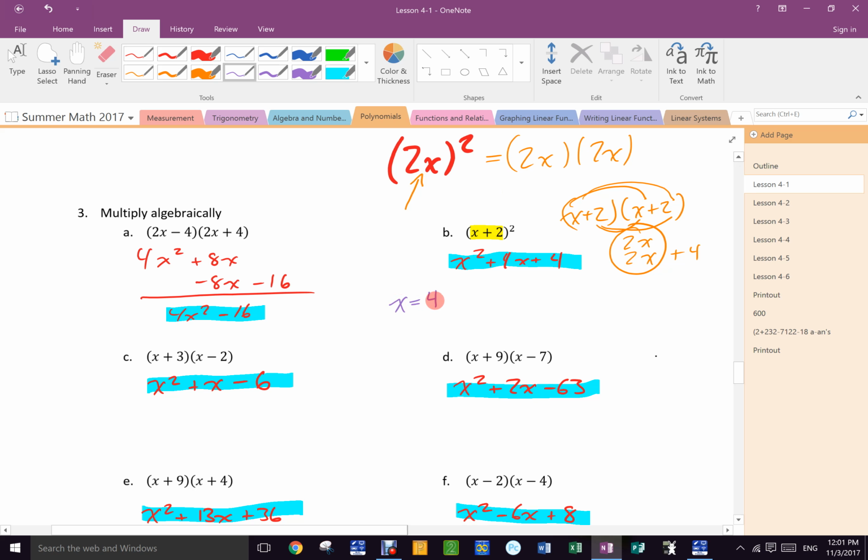But x equals 4. So x is 4. What would I write here instead of x? 4 plus 2 squared. Now, according to BEDMAS, what do you do?